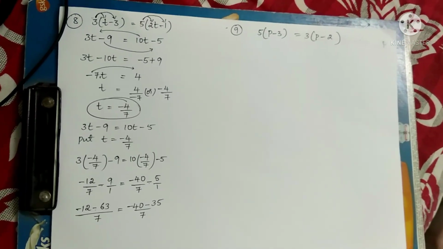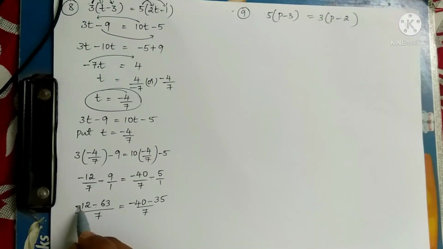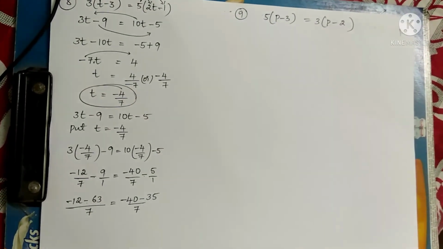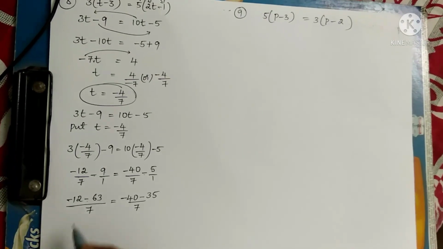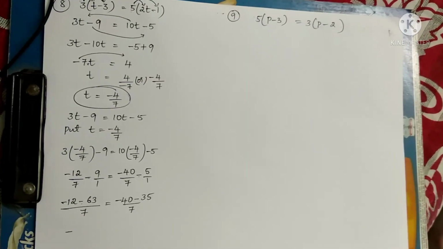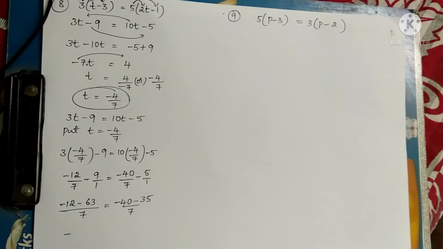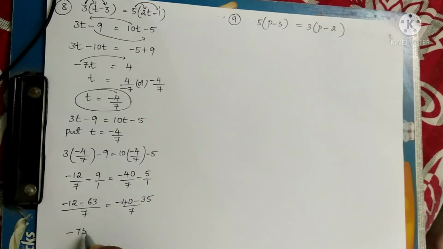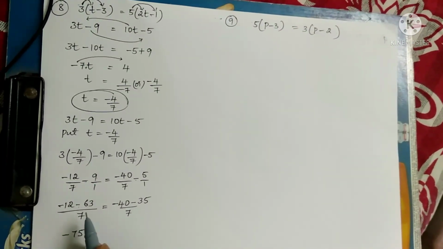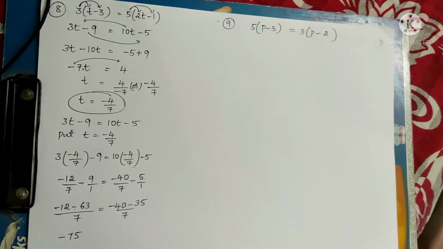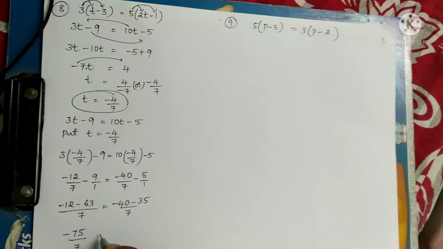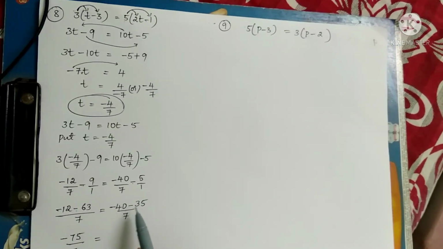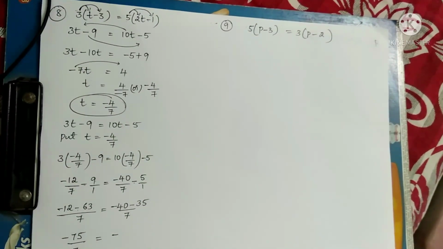Now you can see here in the numerator we have two negative integers, minus 12 and minus 63. When we add two negative integers, the result will always be negative. Adding 12 and 63, we get 75. The value of minus 12 minus 63 is minus 75 divided by 7, which is equal to, again here we are adding two negative integers, so the result will be negative.